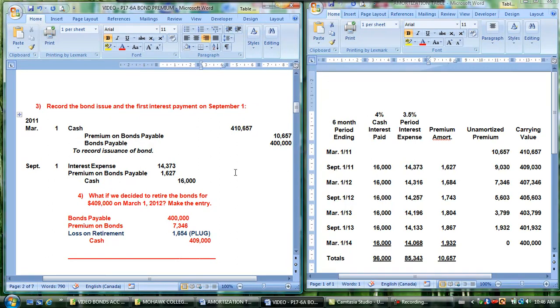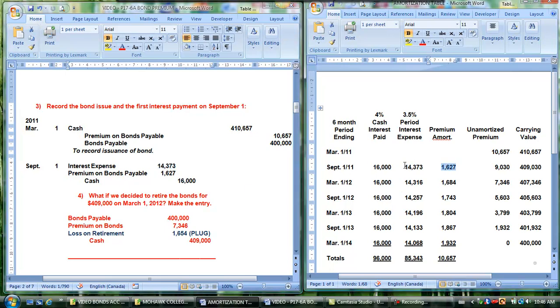If you're looking to your table to figure out what the entries would be on September the 1st, you can see here that over the 6-month period ended September the 1st, I'm going to debit my interest expense for $14,373, which is exactly the amount of interest expense I calculated when I did my bond table, right?